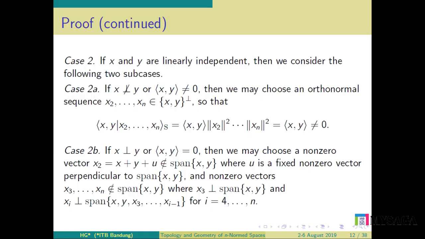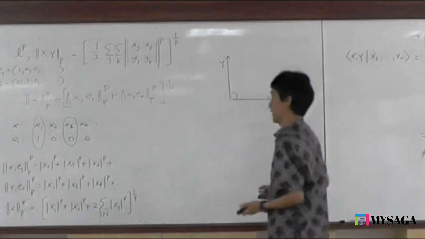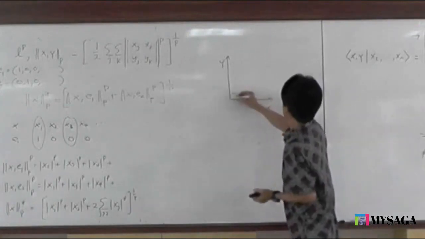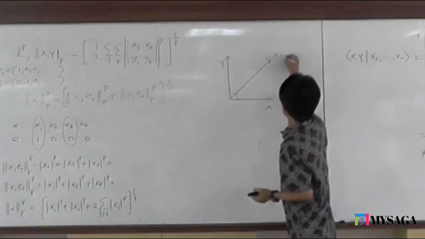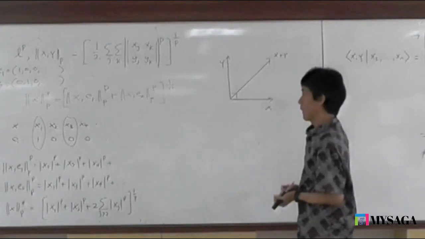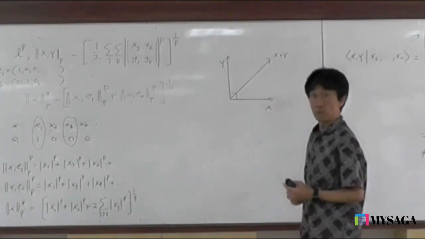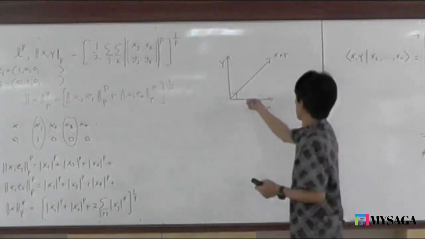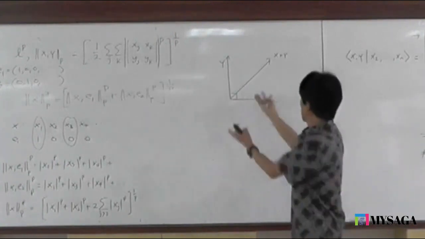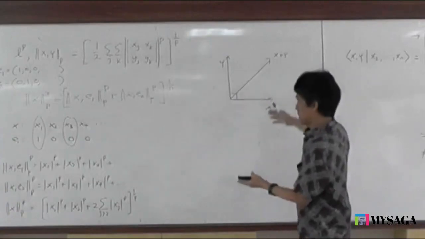So what happens if the inner product of x and y is 0? What happens if they are orthogonal? Well, in that case, we can choose a non-zero vector x2, which is equal to x plus y plus u, so that it's sticking out of the space.